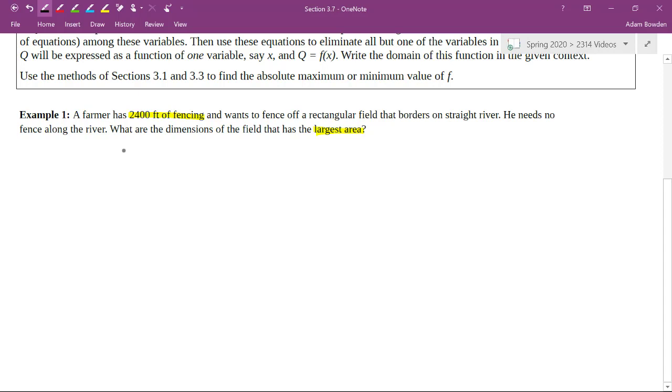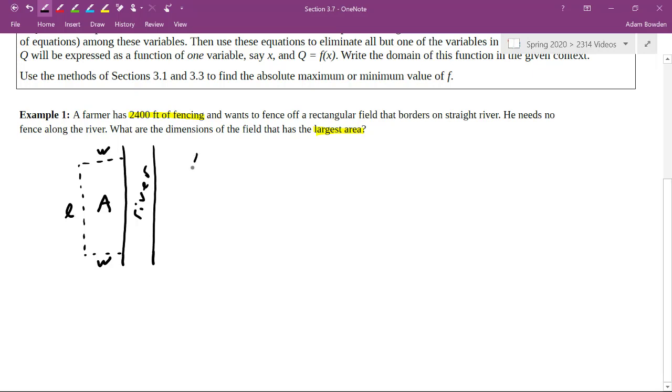So let's start out by drawing a picture of the situation. This will be our river, and then we have a rectangular shape of fencing along here. Let A stand for area, W for the width, and L for the length. The area will be length times width, and that's what we're trying to optimize.